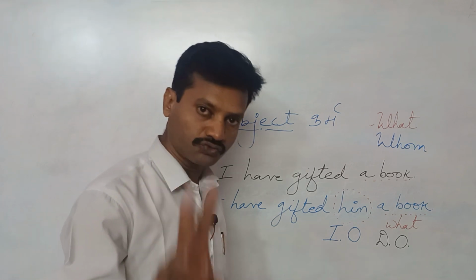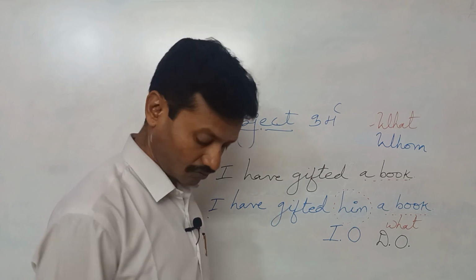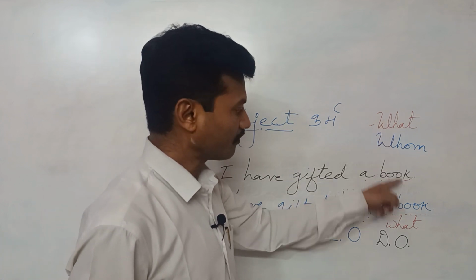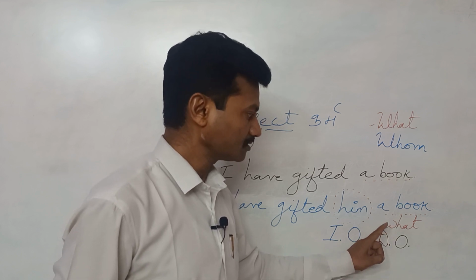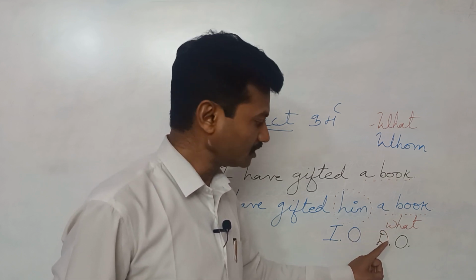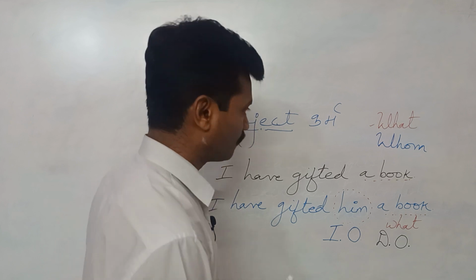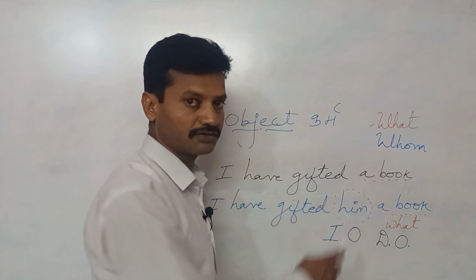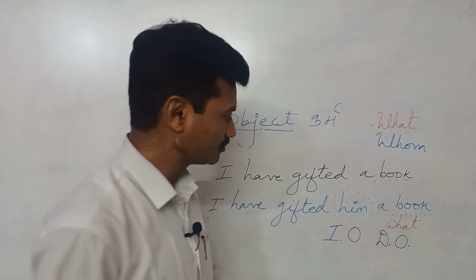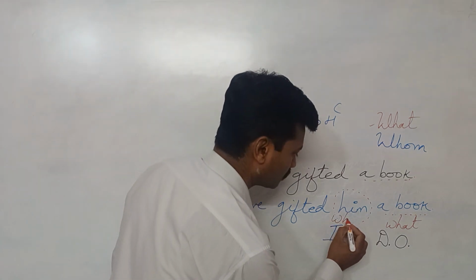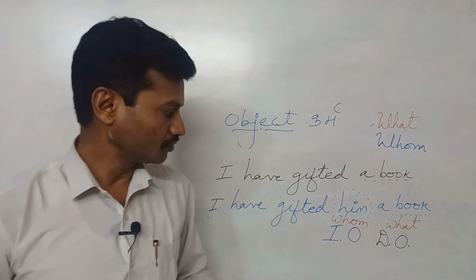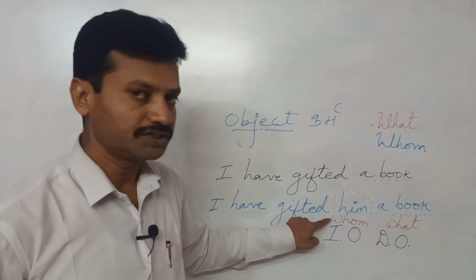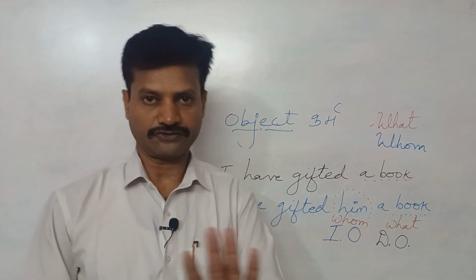If there are two objects, when you construct a question with the help of what, you get the object that is called the direct object. And when you construct a question with the help of whom, that object is called the indirect object.